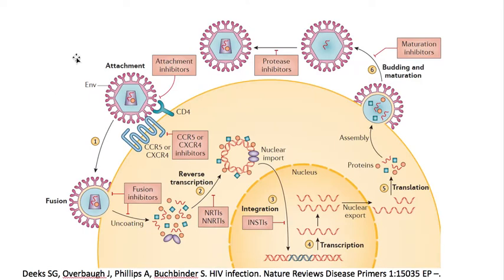In order to understand the HIV drugs, one needs to understand clearly the life cycle of the HIV virus. Please remember from your microbiology section that the virus attaches to the CD4 receptor as shown here through the GP120, which is present on the envelope of the HIV virus.